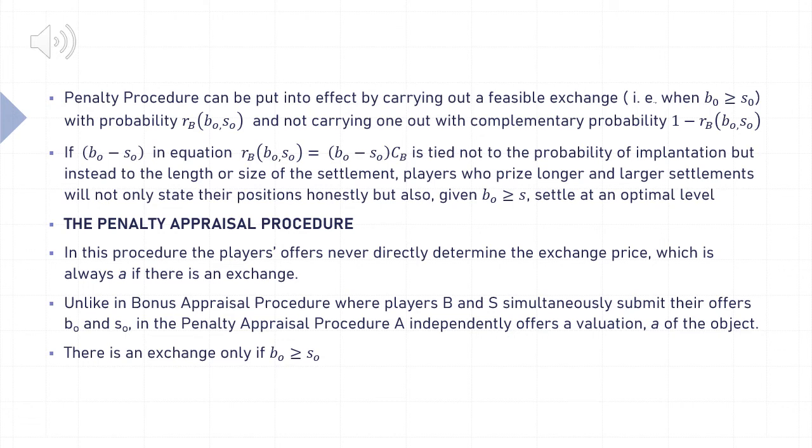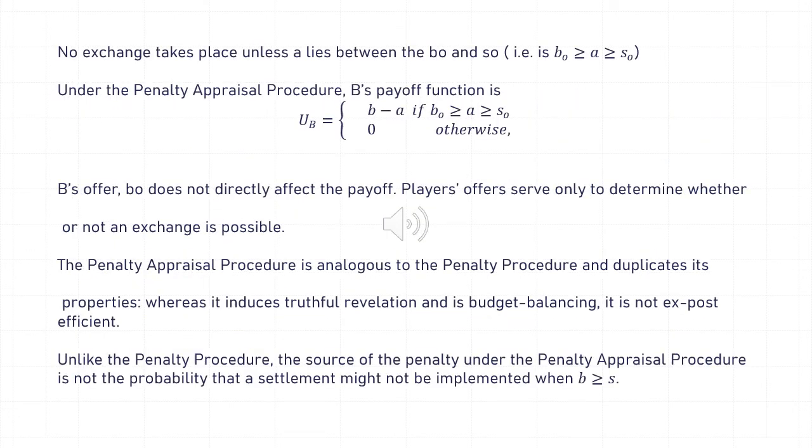There is an exchange only if B is less than or equal to S. No exchange takes place unless A lies between B and S, i.e., B is less than A, less than or equal to S.